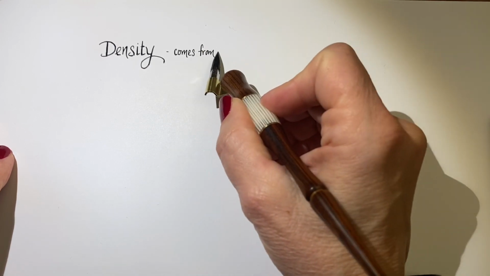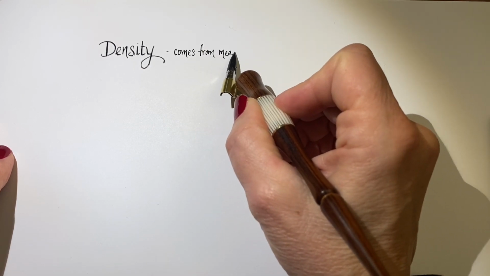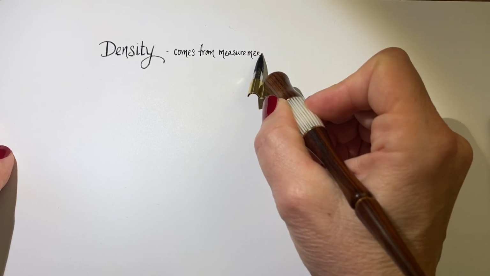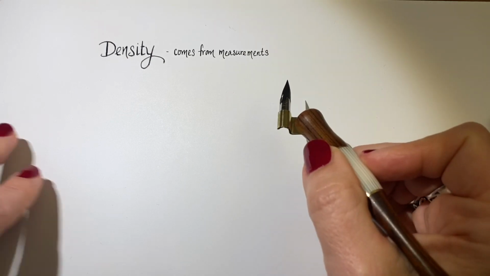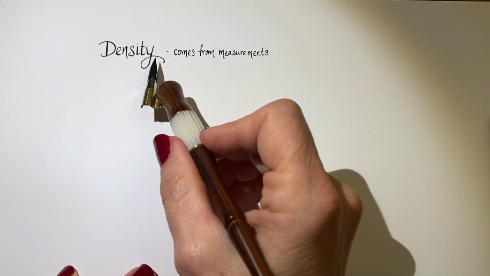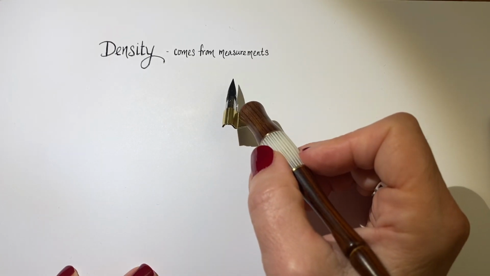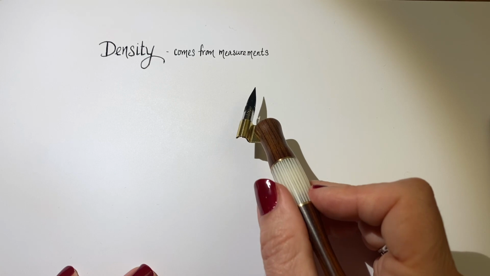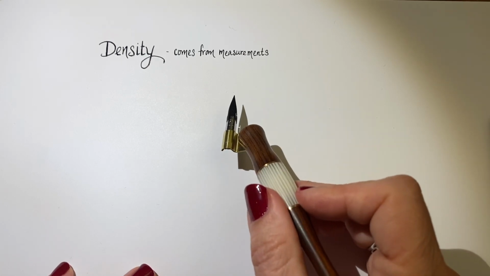And often we can look up what the density is on a table, but it does help us if we're trying to figure out what is the volume or what is the mass.